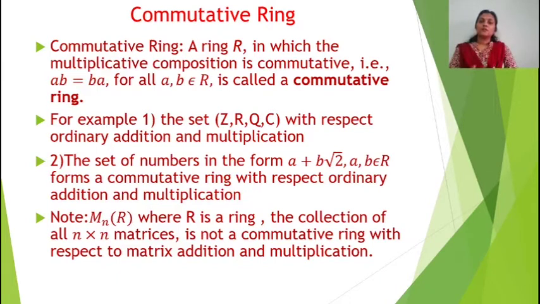The ordinary rings Z, R, C, Q all have the commutative property, so they are commutative rings. And M_n(R), the ring of n by n matrices, is not commutative.